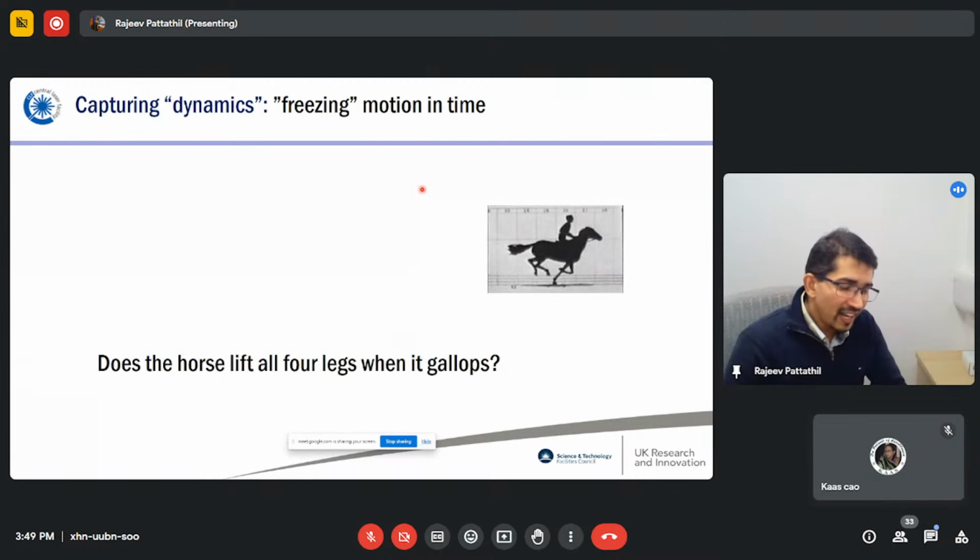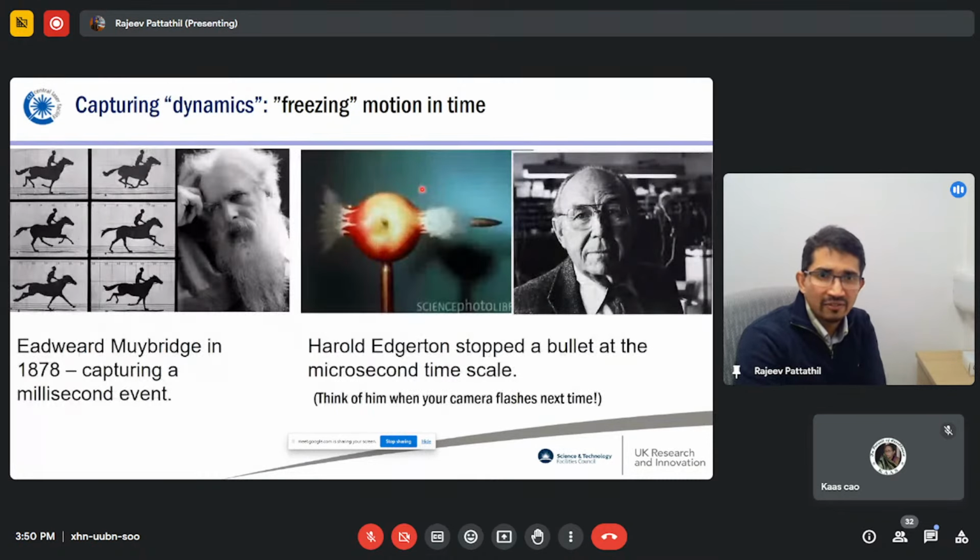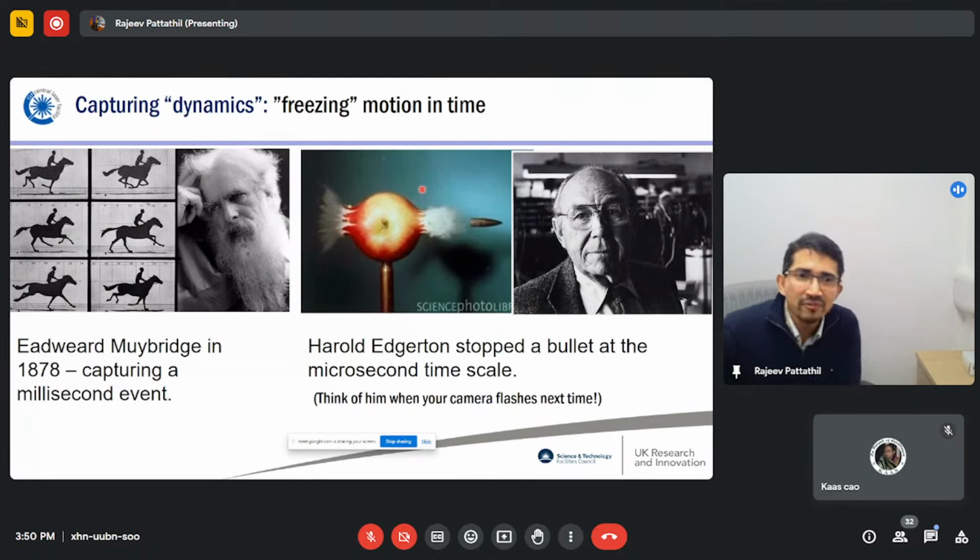If you look at some of the paintings that were done in the 18th century, maybe early 19th century, you'll see that they all had it wrong. Most of the paintings would have one leg of the horse on the floor. They never really understood that horses can in fact lift all four legs until there was a guy called Eadweard Muybridge. He's seen as the father of motion pictures or movies.